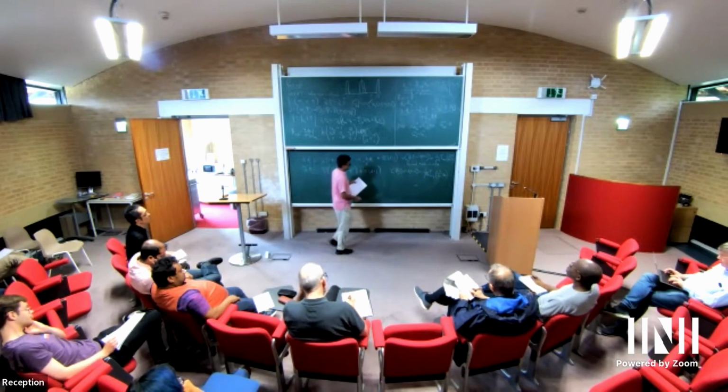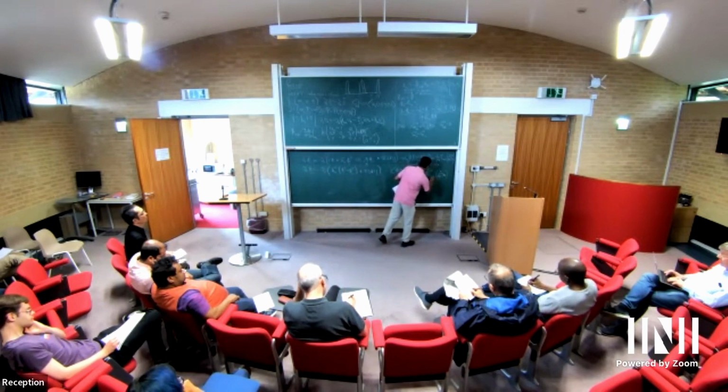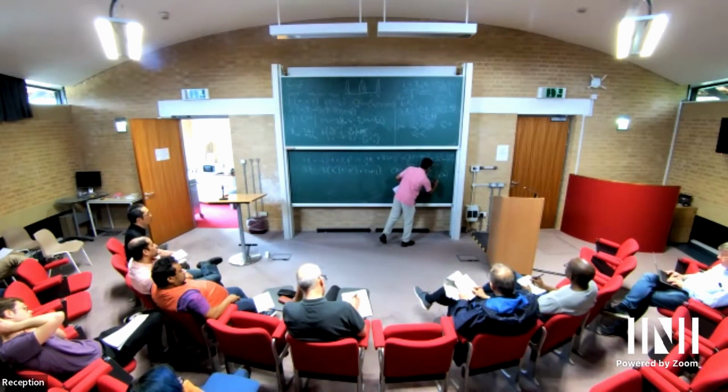Okay, so this simply means that in Fourier space, it looks like e to the power minus a naught to the power 5 into e.